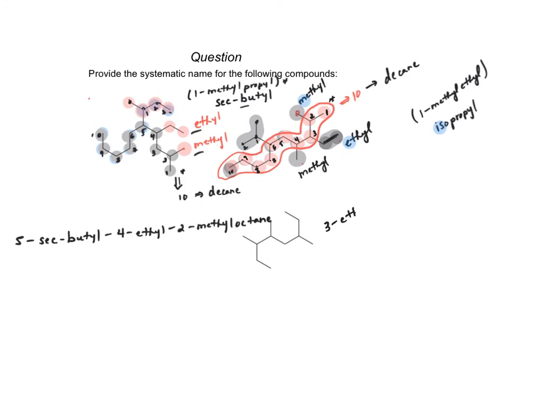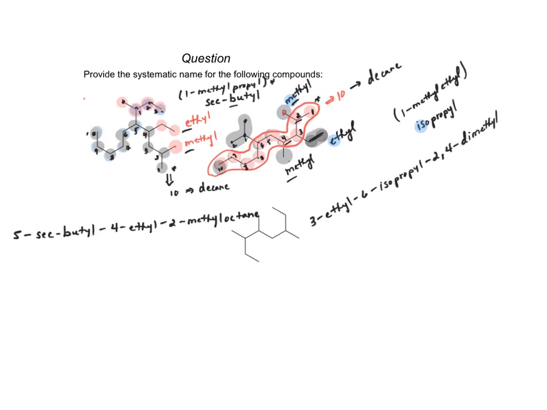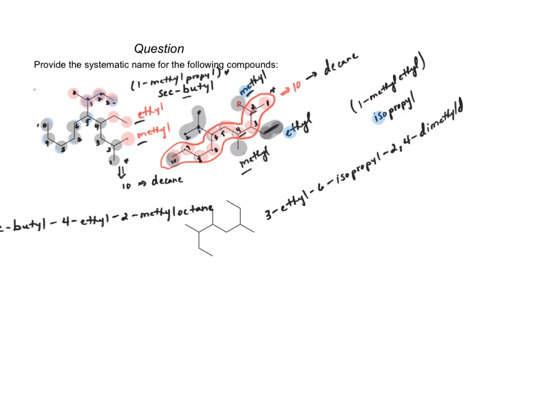We've got a 3-ethyl. We've got isopropyl comes next, which is at the 6th position, 6-isopropyl. We've got 1, 2 methyls, and they're at the 2 and the 4. So this is 2,4-dimethyl. And then our parent is decane.